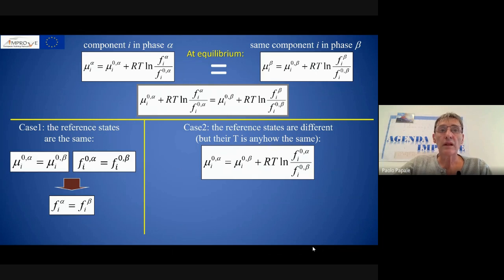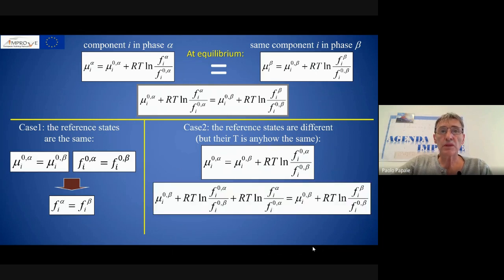We can then substitute this new expression into the equilibrium equation. Then, after a few simplifications, here I use the same colors for the terms that cancel out with each other, we end up again with equality of the fugacities. In summary, any possible choice about the reference states leads to the same conclusion.